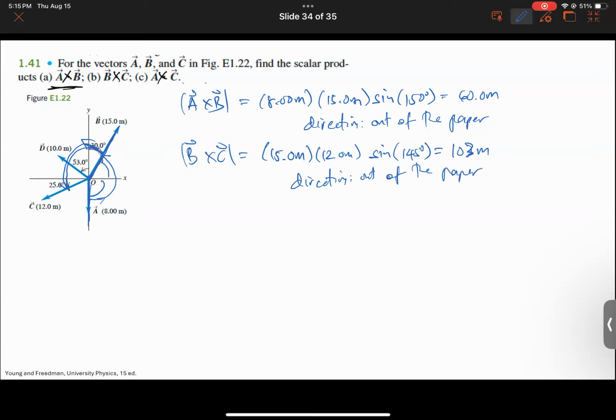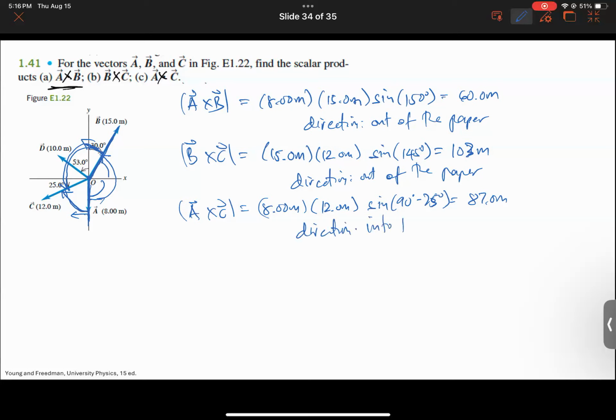Okay, and then A cross C, its magnitude is 8.0 meters times 12.0 meters times sine of 90 degrees minus 25 degrees. So that's 87.0 meters. So for A cross C, put your palms facing this direction and then roll toward the direction of C. You will see the direction is into the paper.